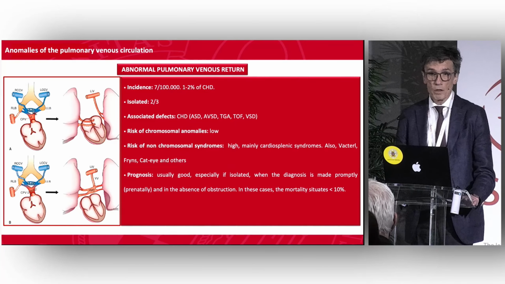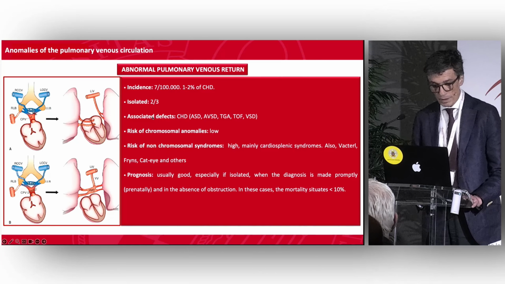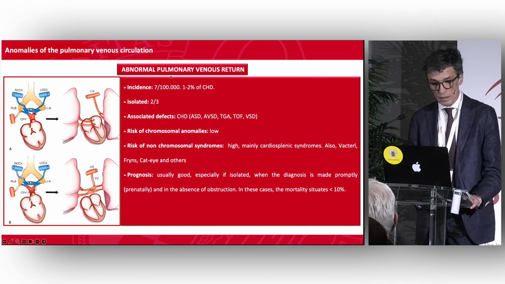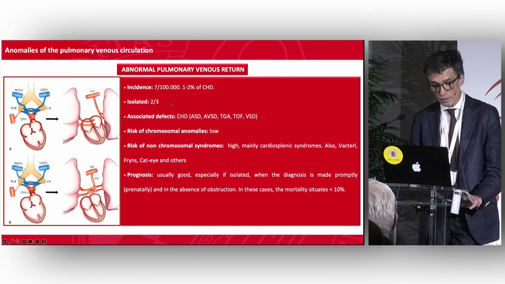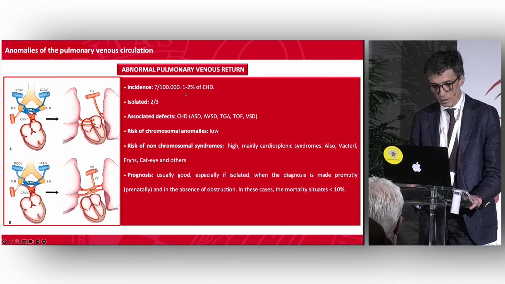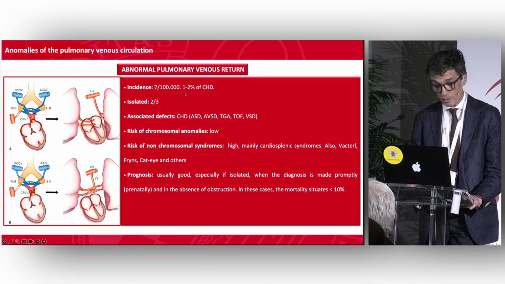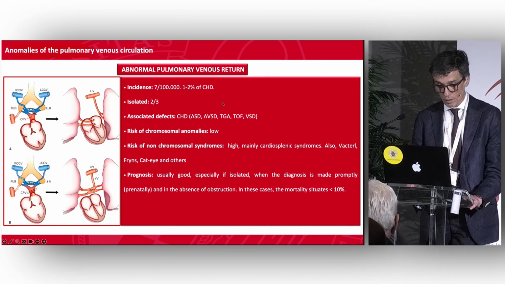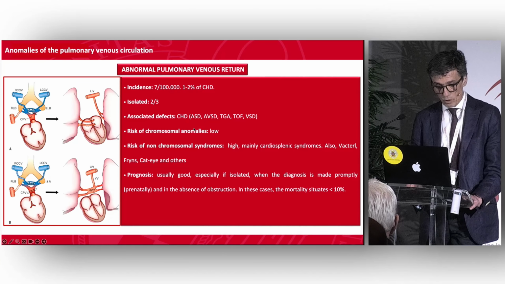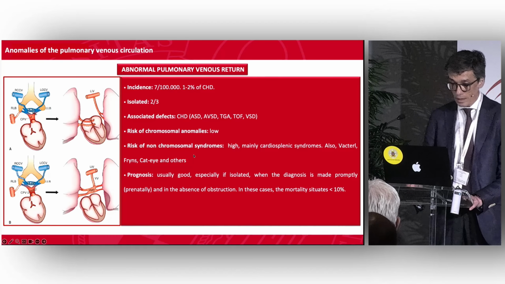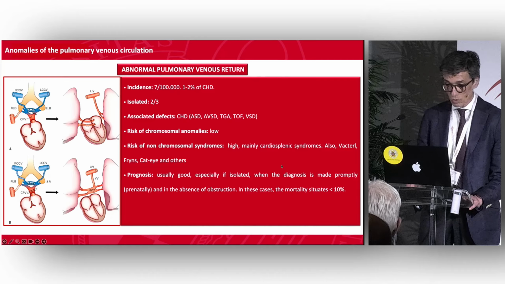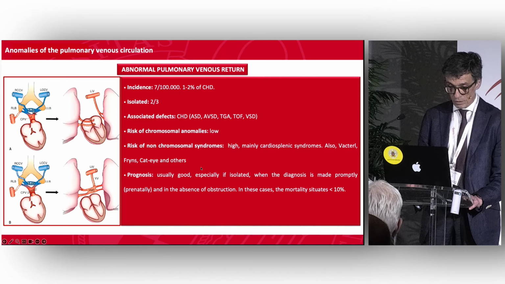From the epidemiology point of view, these are very uncommon conditions, only 7 cases per 100,000 newborns, and they represent more or less 1–2% of all cardiac defects in postnatal life. In most cases they are present in isolation, but in 1/3 of the cases they can be associated with other heart defects. The risk of chromosomal abnormalities is low, but the risk of non-chromosomal syndromes is high, mainly heterotaxy syndromes, but also other syndromes.